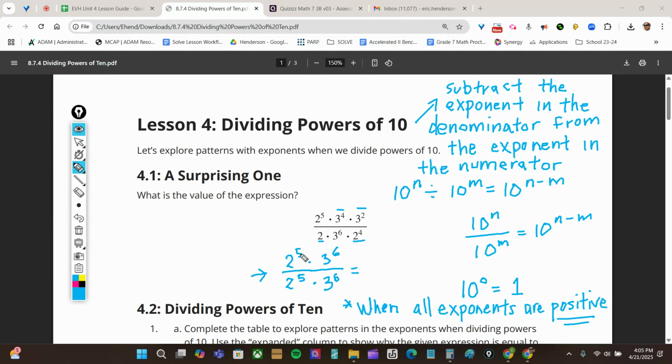Because 5 minus 5 is going to be 2 to the 0, times 6 minus 6, which is going to be 3 to the 0. That's going to be 1 times 1, and the final answer is going to be 1.